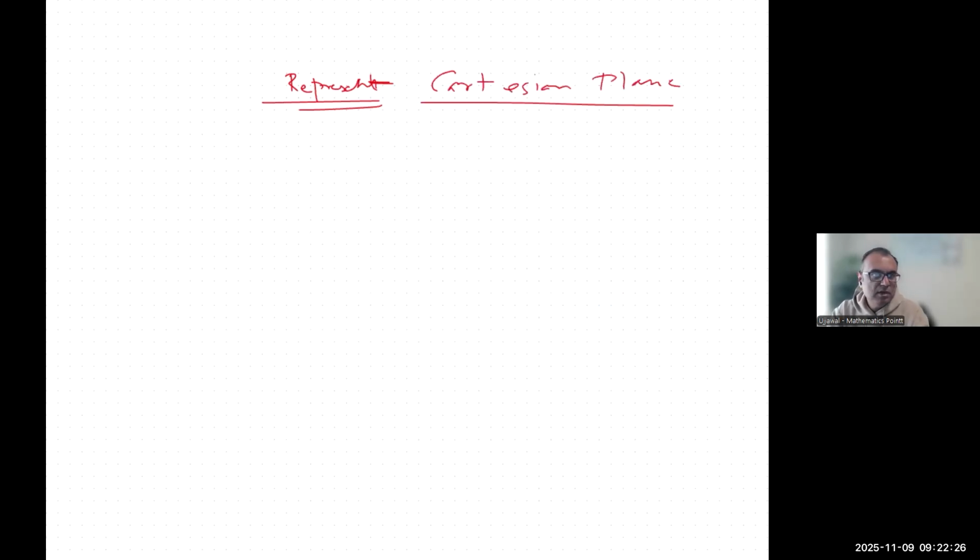Have you heard about this word Cartesian plane? Anyone? Good. It is called coordinate plane, Cartesian plane. So let's quickly talk about it. For people who don't know, I draw a big plus sign, and this has two lines.